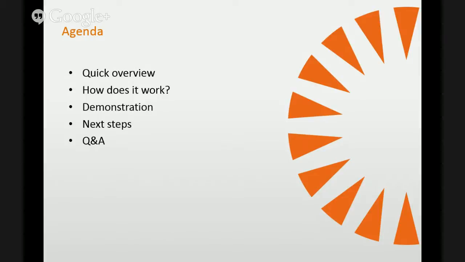So whereas it is based on an Exchange deployment, it's not by any means very different if we're looking at different mail platforms. Once we've gone through the demonstration where we'll see the software, set it all up, and then look at how users connect, we'll just wrap up with some next steps, things that you can do after this webinar to find out more about the software, hopefully download a copy yourself and test it out in your own environment, and then finally I'll definitely leave some time at the end for questions and answers.